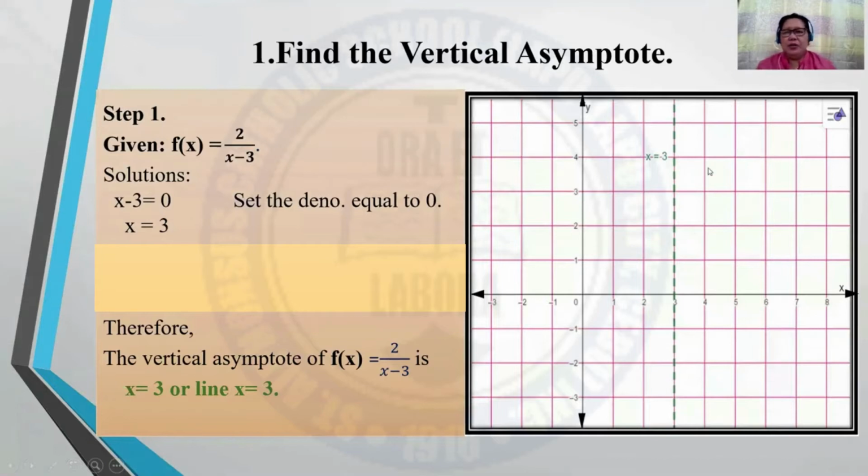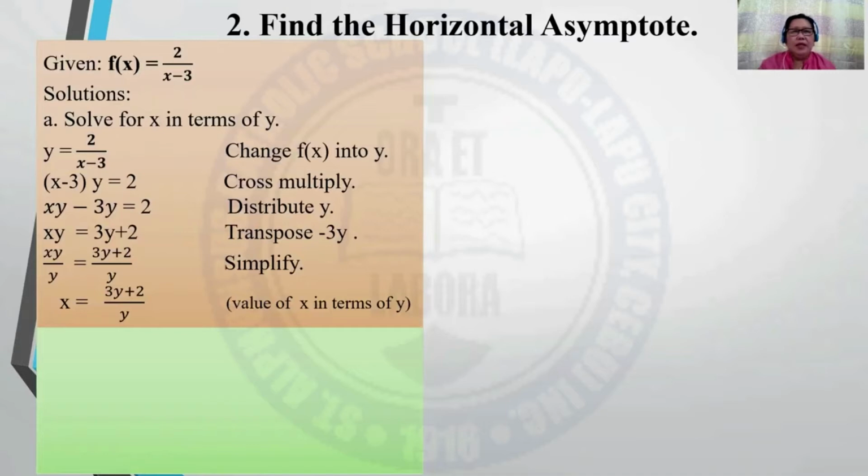And how are you going to sketch? Just draw a dotted or a broken line passing through x is equal to 3. Next, find the horizontal asymptote. First solution, you have to solve for x in terms of y. So, change f of x into y and then cross multiply.